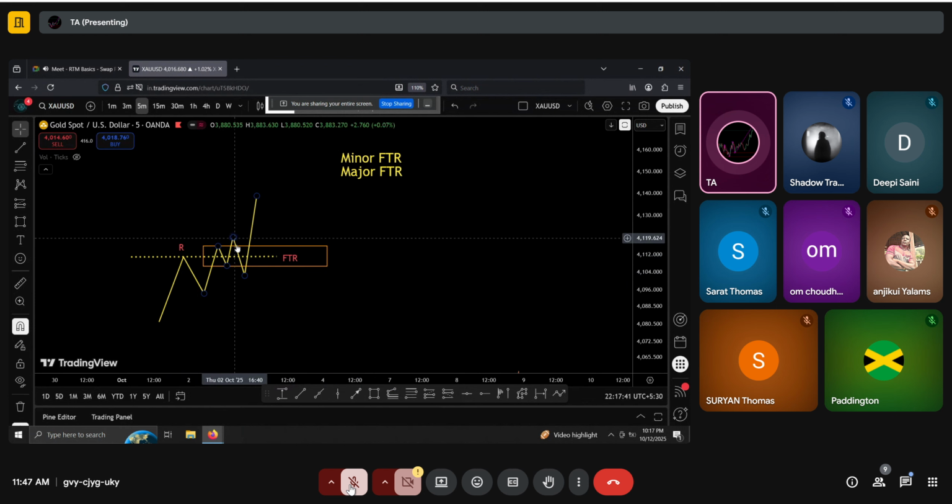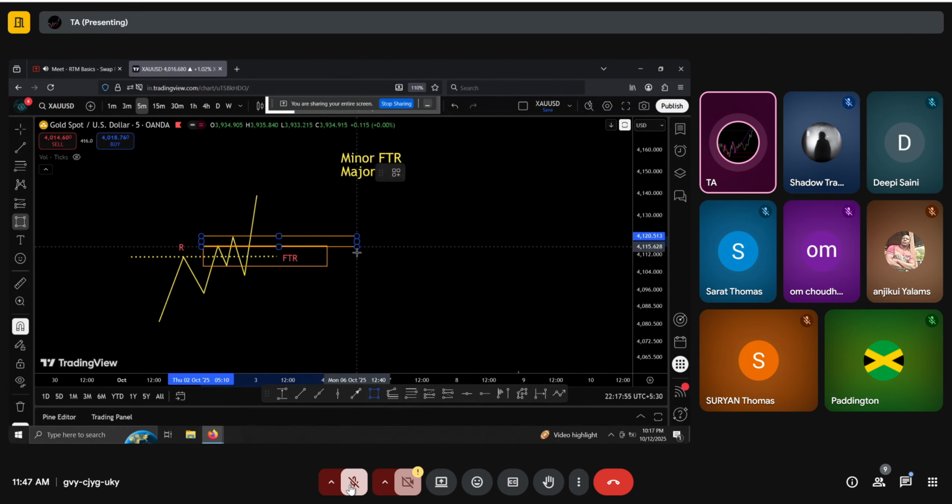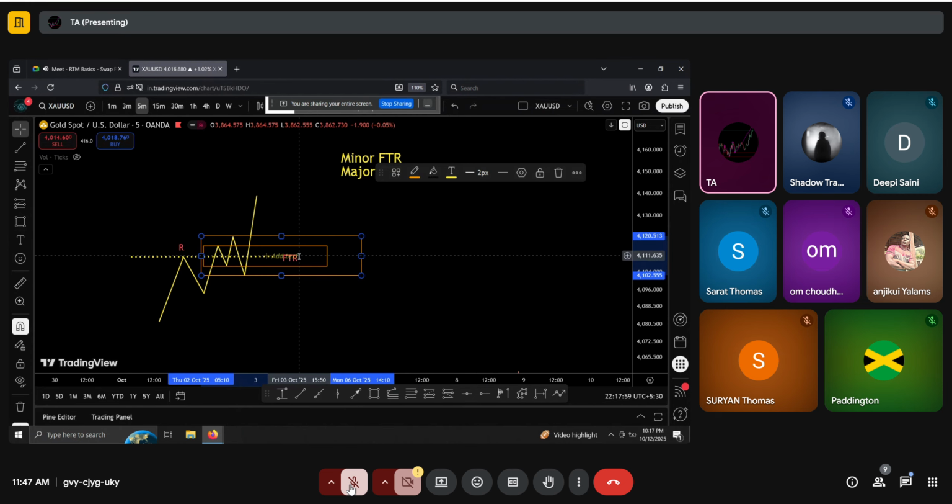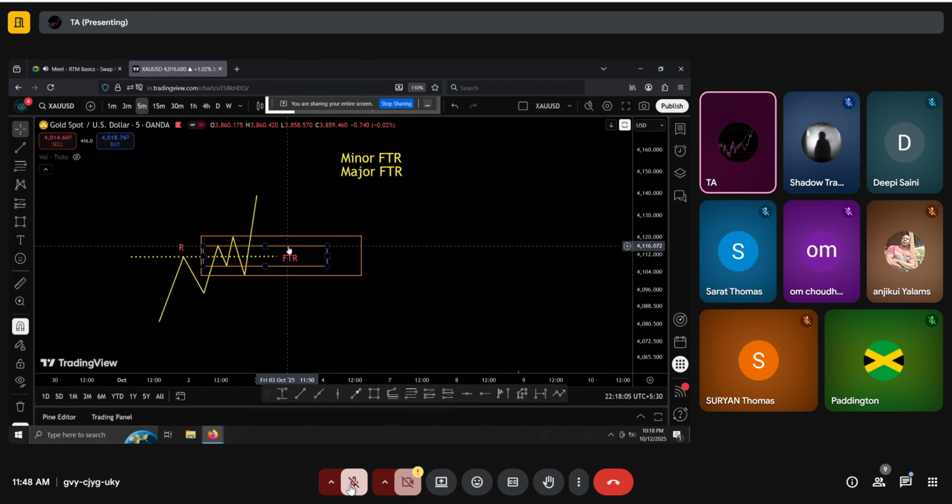But when price goes up, pulls back again, and breaks this low and goes up again, what happened here? Our FTR zone will be expanded till here, and this will be called the major FTR.